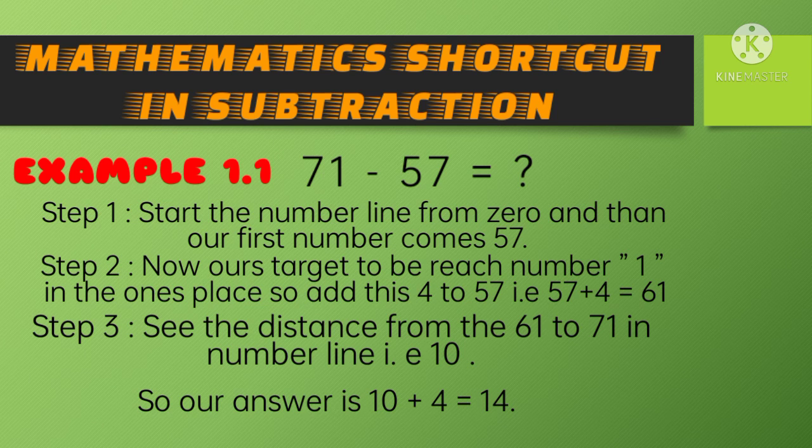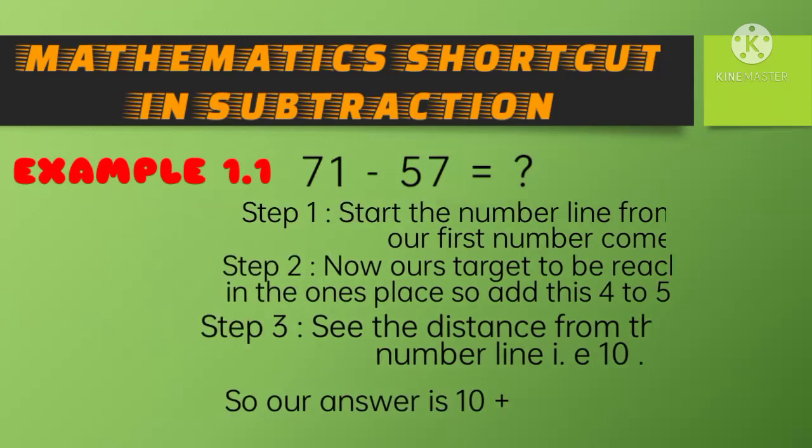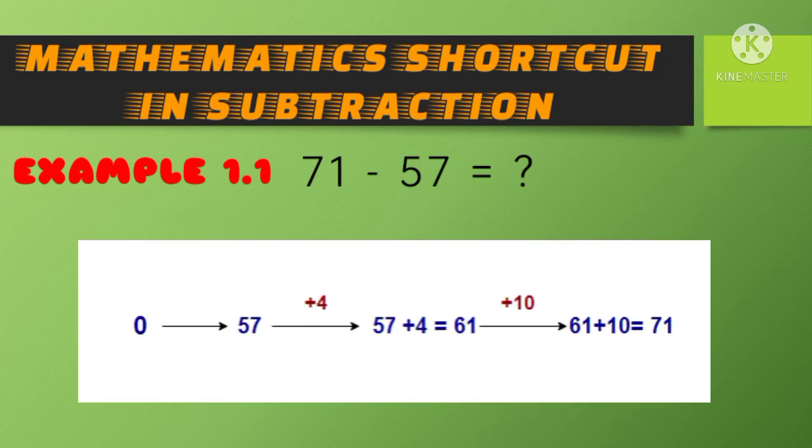Step 3, see the distance from 61 to 71 on the number line. So we have 10. So our answer is 10, which is the distance from 61 to 71, and 4, which we added to 57 to make it 61. So 10 plus 4 is equal to 14. So here's the picture to fully understand the process.